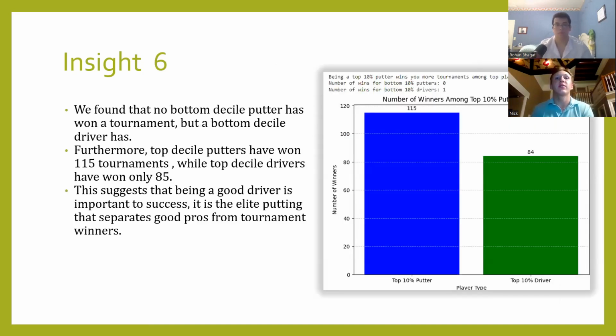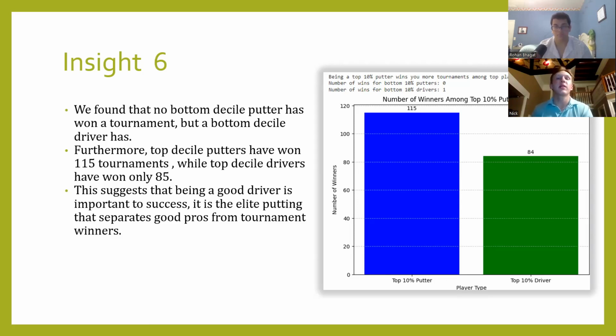That showed that if you're a top 10% putter, then you have a much higher chance of winning. The number of winners among top 10% putters is 115 times. They've won on tour 115 times if you're a top 10% putter. If you're a top 10% driver, which means I guess people will probably bet on you and people think that it's a very theatrical overpowering of a course, you have less odds than you do with being a top tier putter.